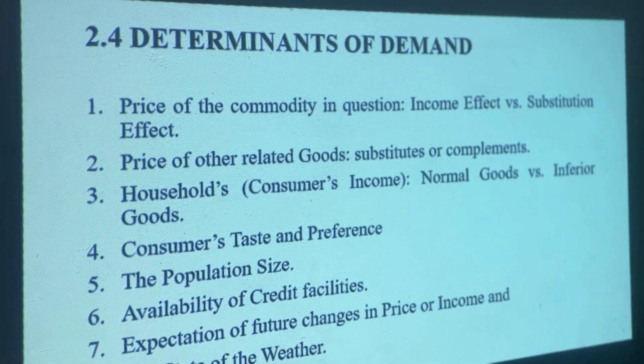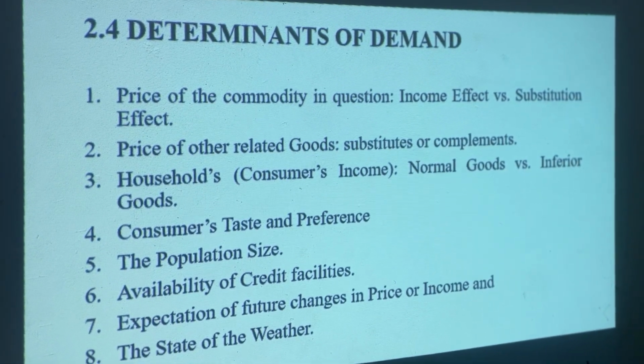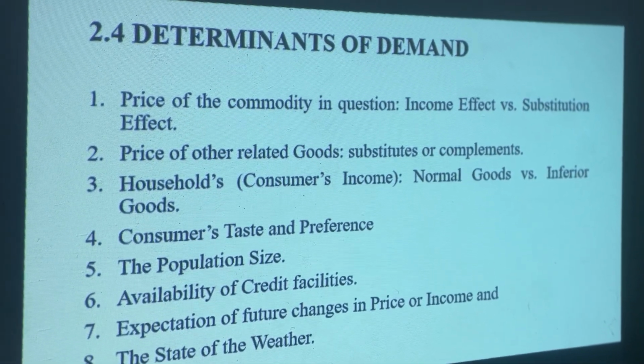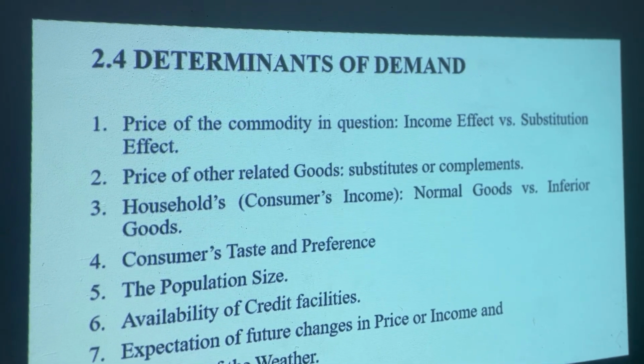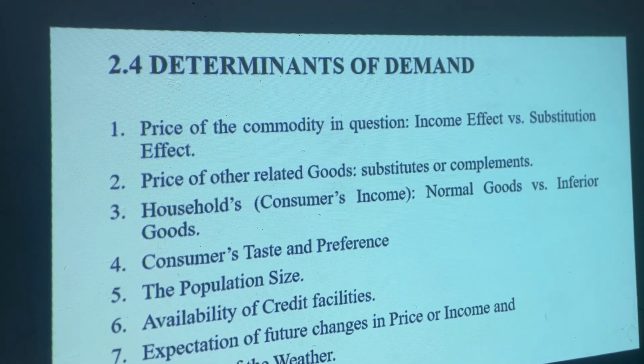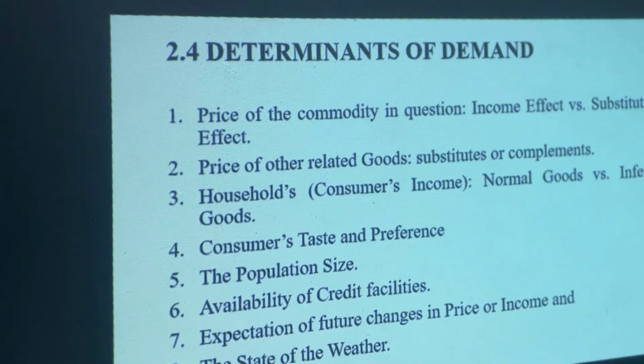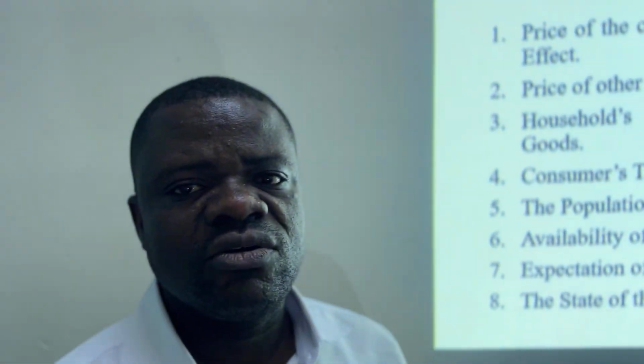When we talk of determinants of demand, basically we are looking at the factors that influence the demand for a commodity. In other words, the factors that will make consumers buy more or less of a commodity.